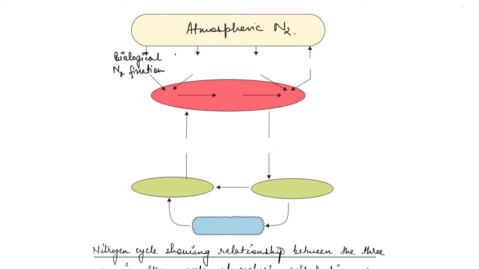The other can be industrial. So we said industrial processes also fix nitrogen. One can be electrical as well. And then we have the process of denitrification.